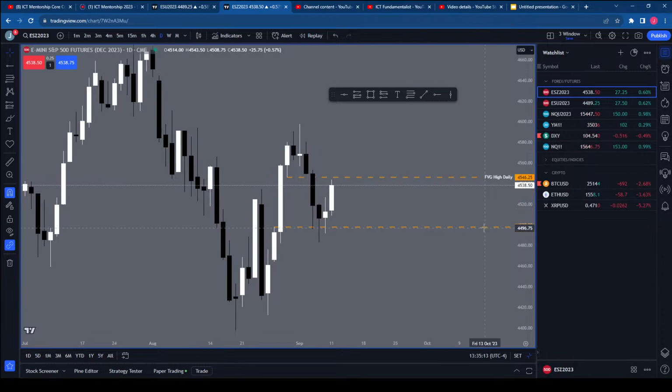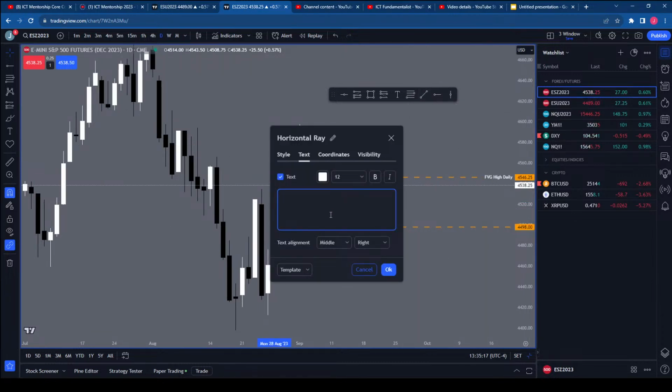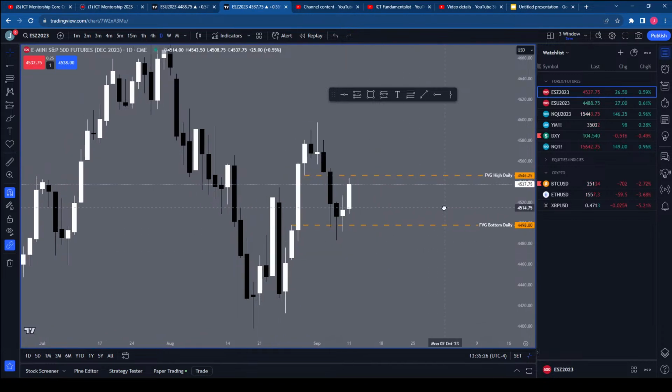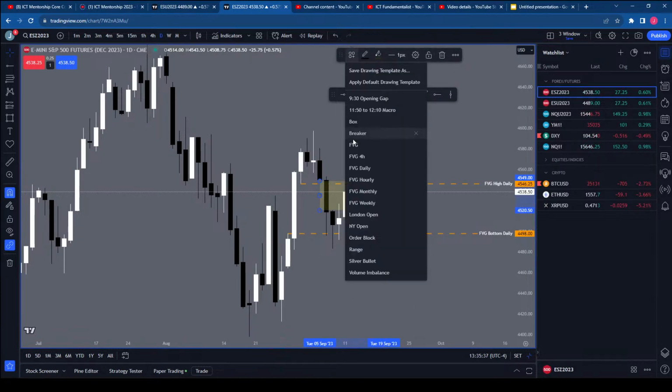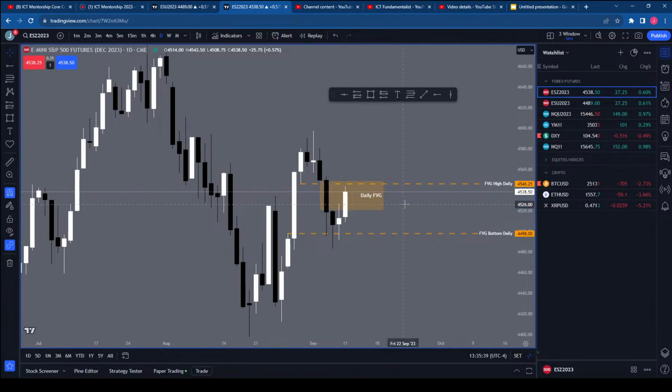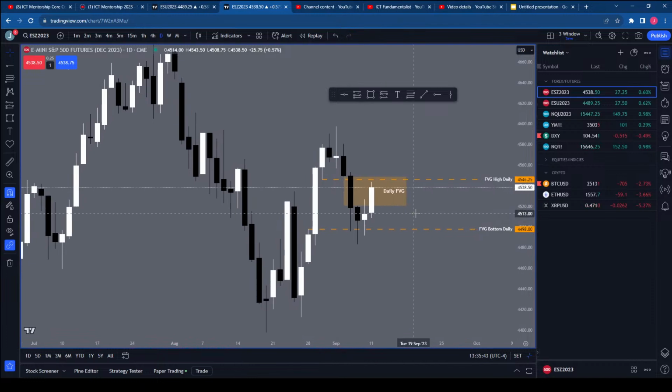So first thing I put on was this daily fair value gap because that's what we're trading in right now. That's where we are there. Next thing I'm going to do is this SIBI that we're in. There we go. That's the SIBI that I spoke about this morning.